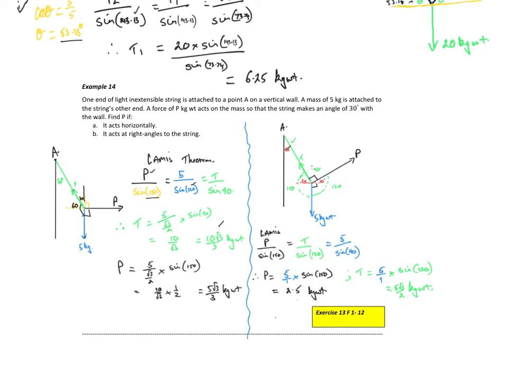And then same sort of thing. So P over sine 150 is equal to 5 over sine 90, which is T over sine 120. And again, rearrange to get our final tension and the force required to hold the string at that angle.